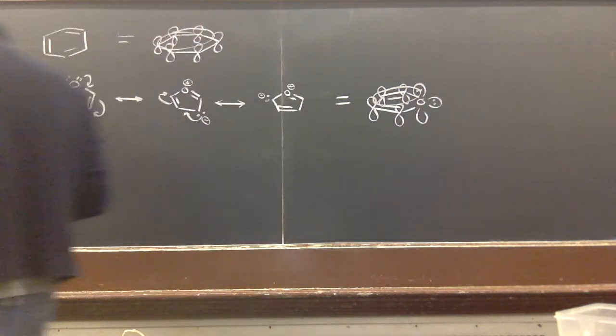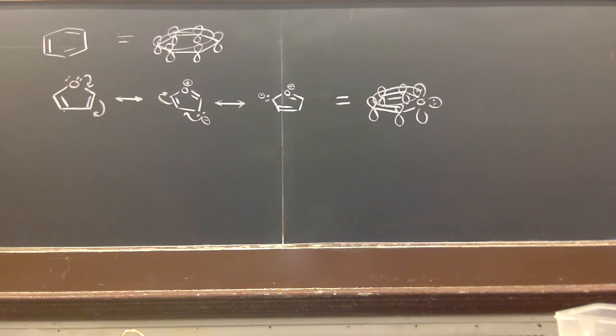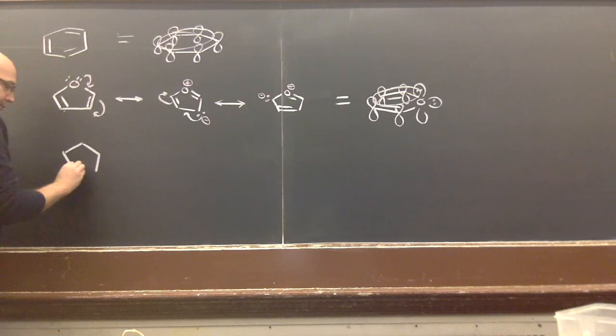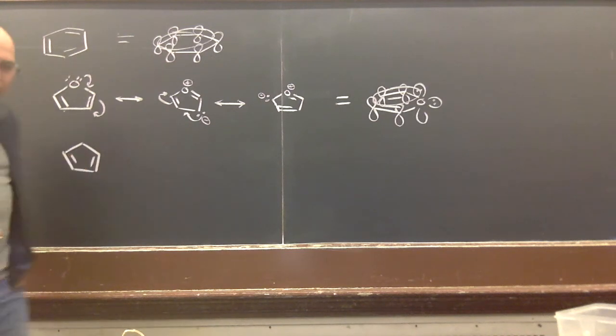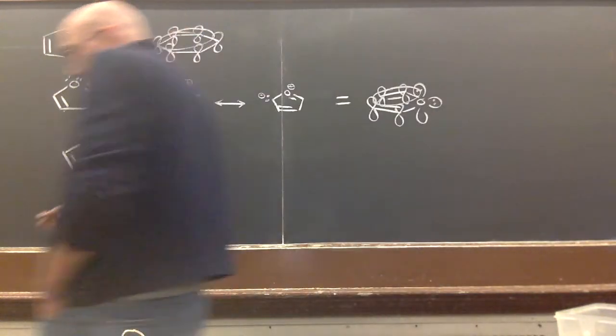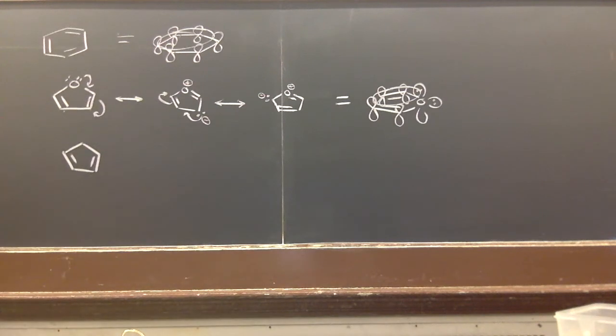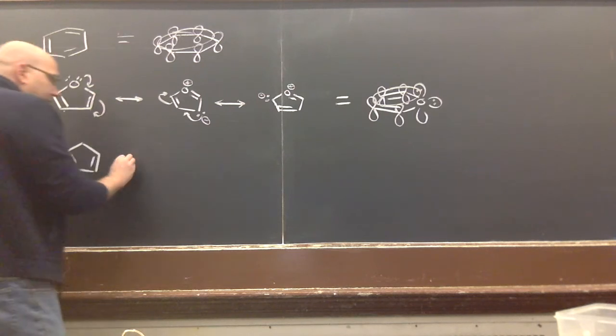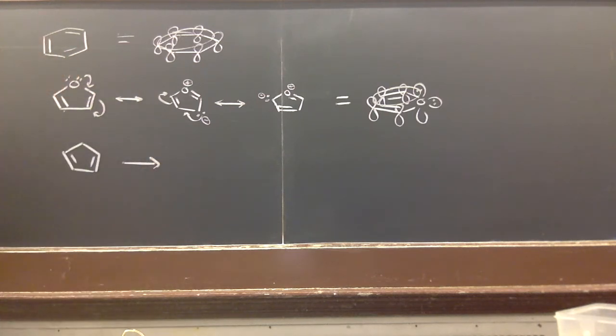We saw the same thing with cationic species. Actually, one quick point, and you'll see this from time to time. Here's cyclopentadiene. Those of you who go further into organic chemistry, perhaps advanced organic classes, will start to use derivatives of this as ligands.